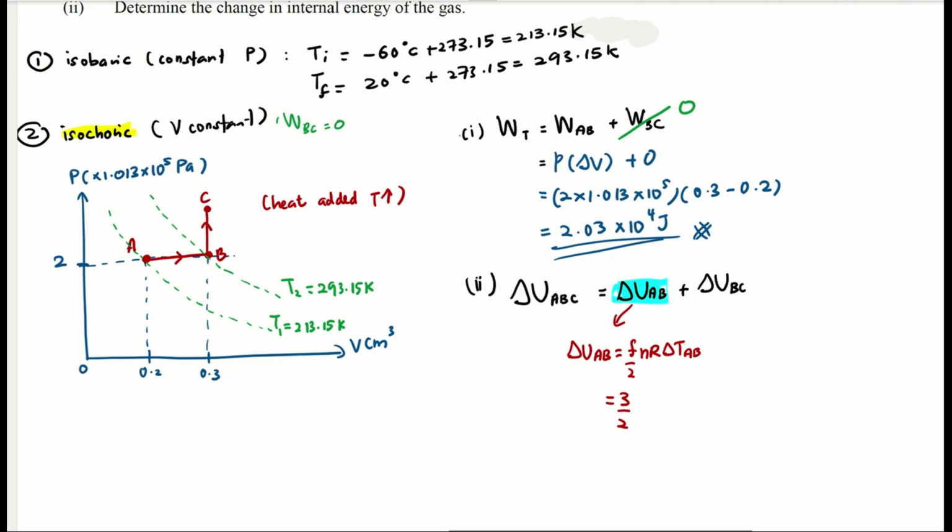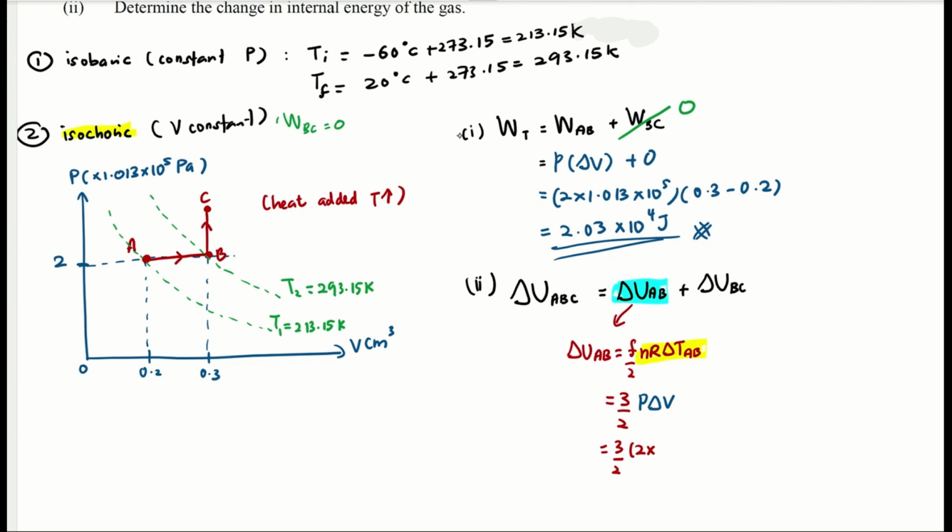Okay, so jangan risau. Bila tak ada the number of moles, NR delta T here, actually you can change to P delta V. Okay, remember this one, P delta V. So when we substitute here, 3/2. So pressure dia tadi berapa? So pressure dia adalah 2 atm.